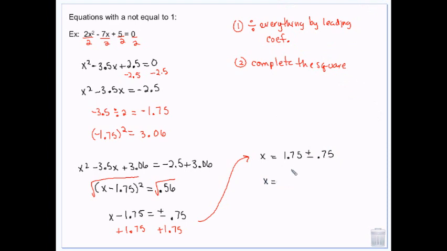So, yeah. X squared minus 3.5x plus 3.06. Negative 2.5 plus 3.06. So I have to do the 1.75 plus 0.75 and 1.75 minus 0.75.